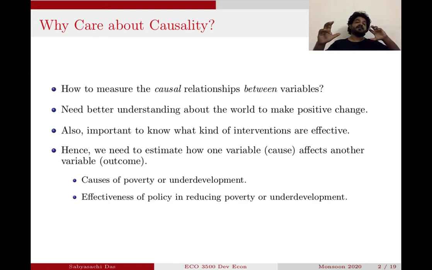Even if causal relationships between variables may seem very reasonable, often you go to the ground and try to establish these relationships using data and econometric methodology, and you find out that that's actually not why this particular thing is happening.